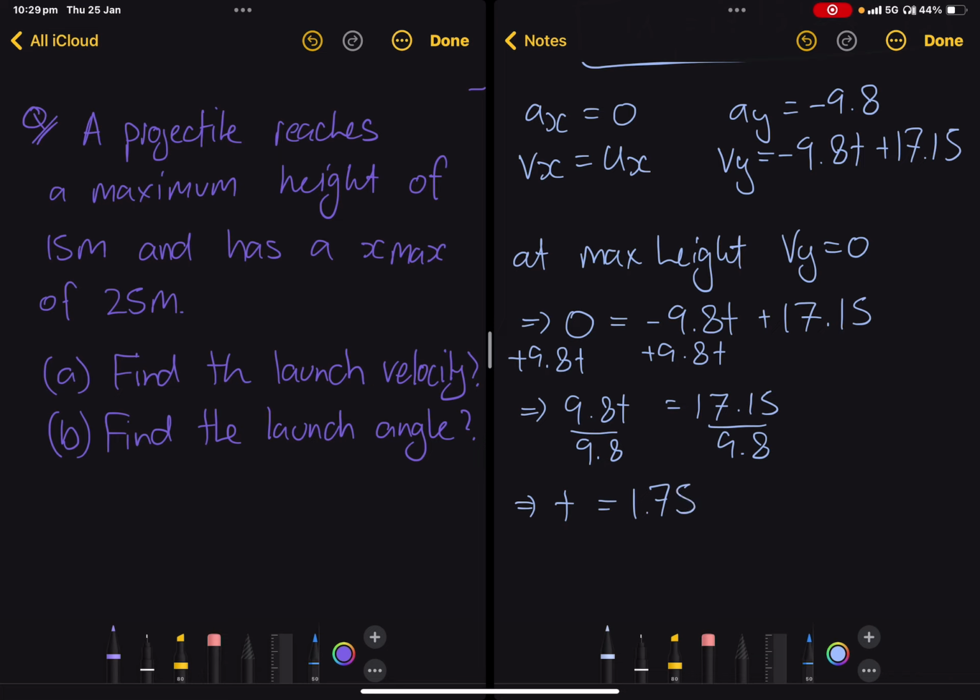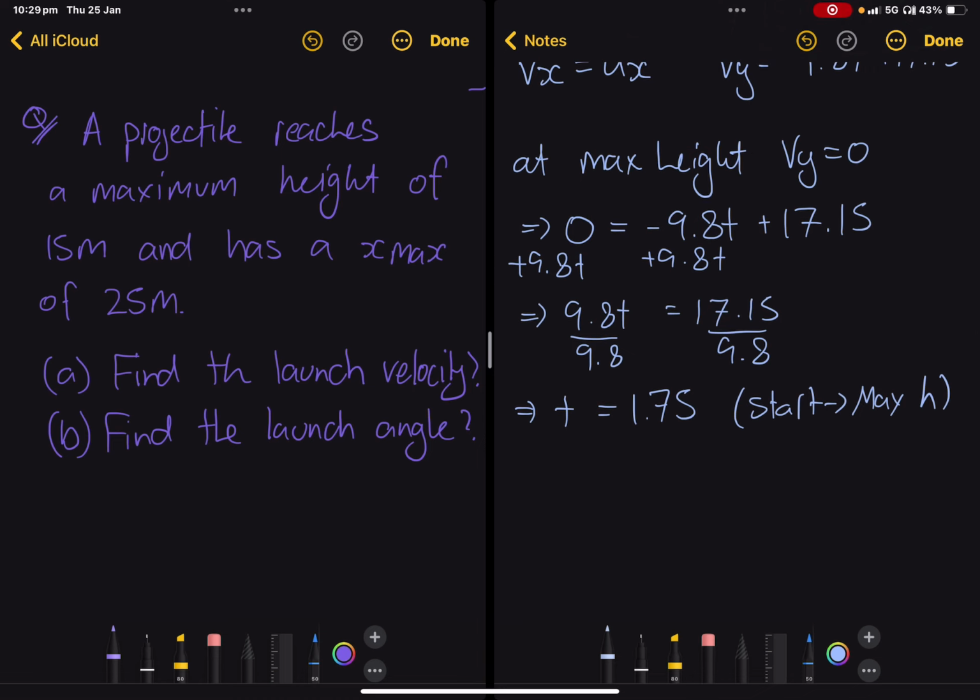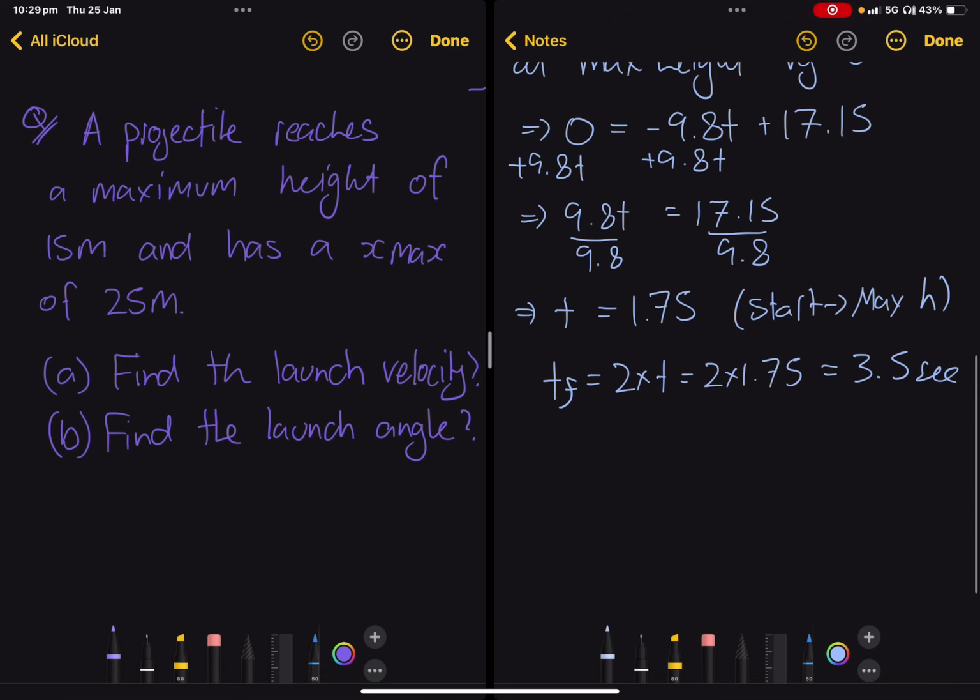Now this is the time taken to get from the start to the max height. Now we need the time of flight, which is the time taken to get from the launch right until the end. So our time of flight is 2 lots of the time we just calculated. This will be 2 times 1.75. This is 3.5 seconds.